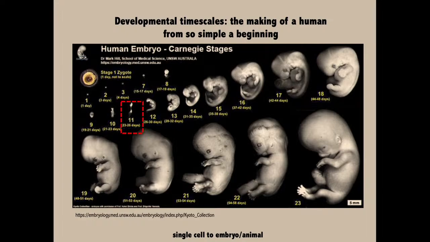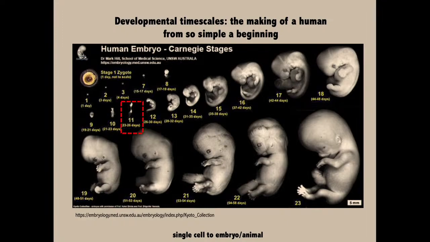And what you see here are the stages in the development of a human embryo, in which, starting from this fertilized egg that forms upon the fertilization of sperm and an ovum, you see changes that happen not so fast earlier on, but then very rapidly later on.